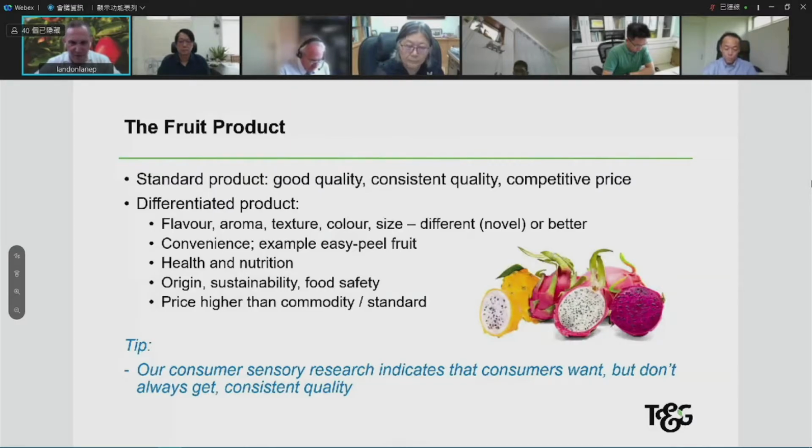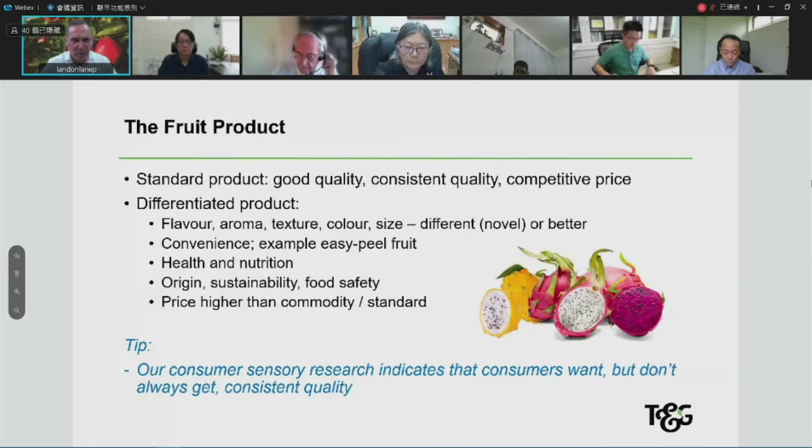Now, my suggestion at the bottom here is that we as a company have commissioned a lot of consumer sensory research to understand what consumers prefer when we're looking at new fruit products, what they prefer and why. And one of the strongest results we always get is that consumers say about existing fruit on the market, I love the taste of it, or it's really good, but the quality is so variable.